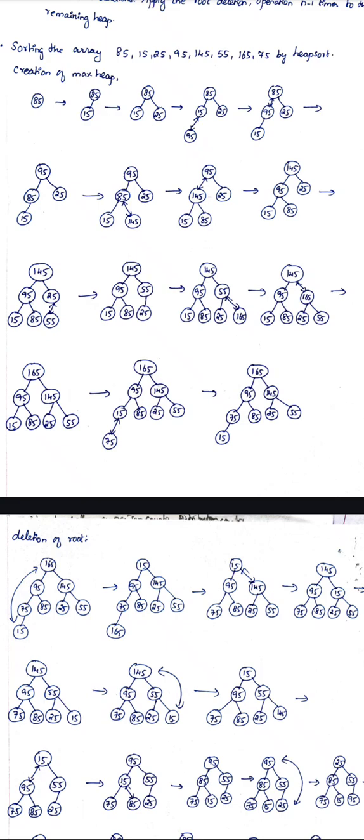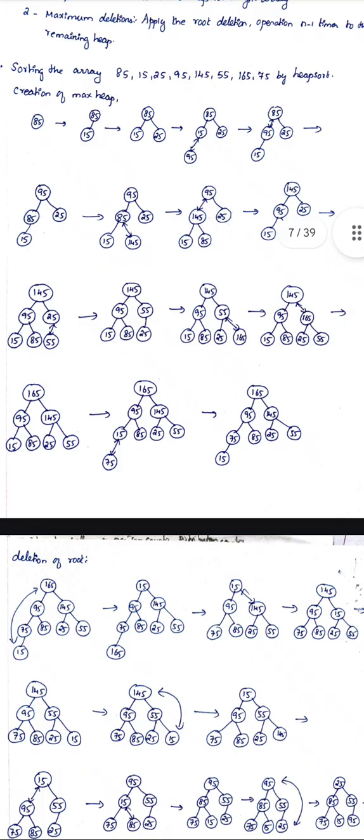That is done. Then the next number is 55. For 55, it is added under 25. Comparing 25 and 55, 55 is greater, so swap those. Then 145, 55, 25. Done. It is correct now. Next, 165. 165 and 55 are compared.